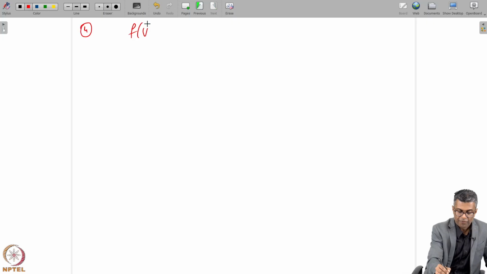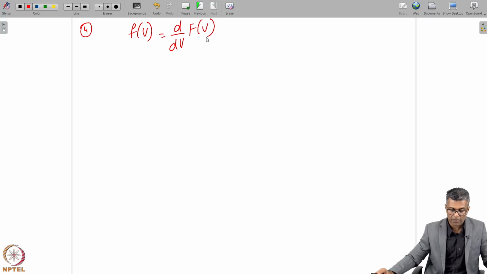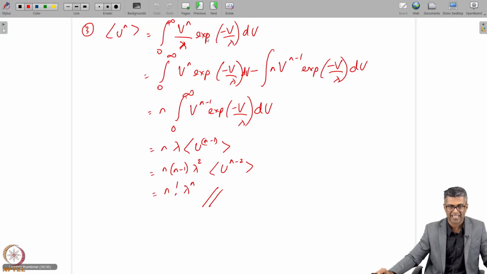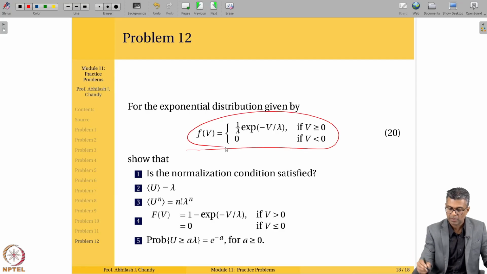The PDF is the derivative of the CDF, isn't it? So if you use the previous equation and just integrate it, what am I integrating? I'm just integrating this.